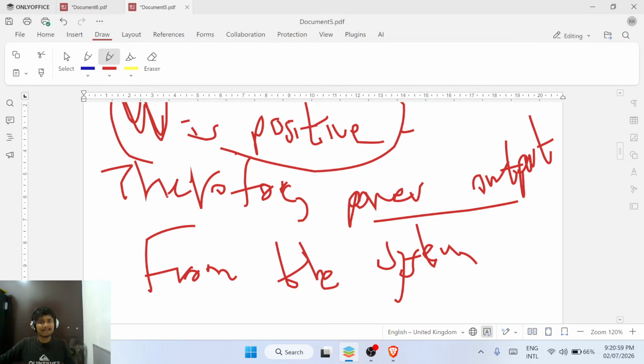If W is negative, it is power input to the system, because we input energy to the system. Here W is positive. Therefore, the system did some work. The system worked.